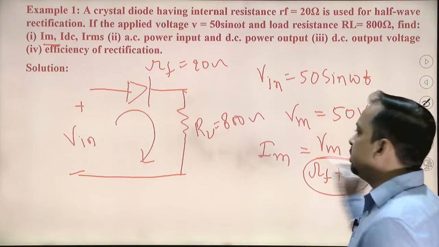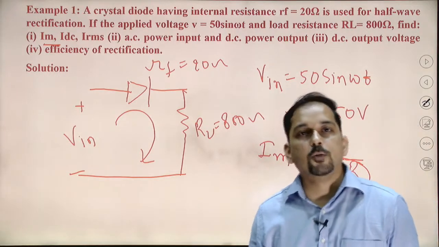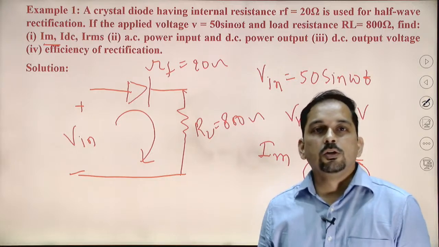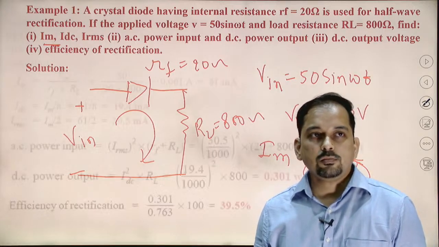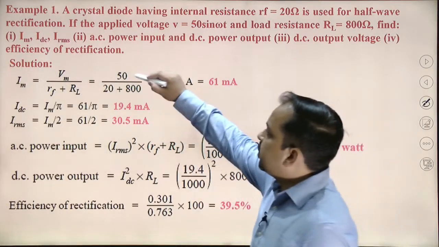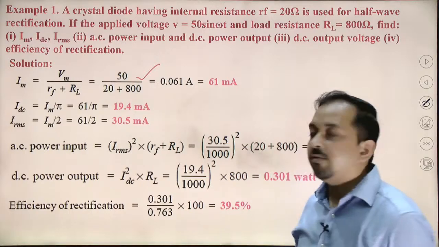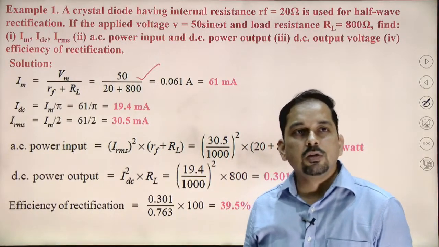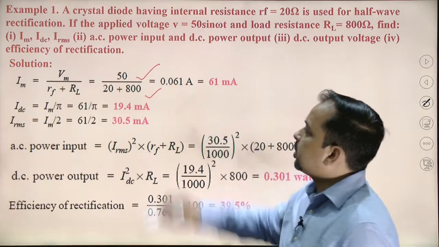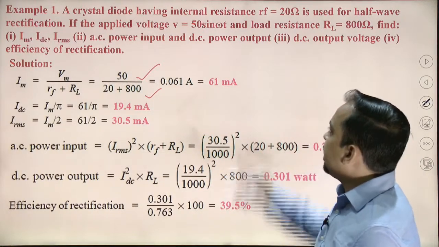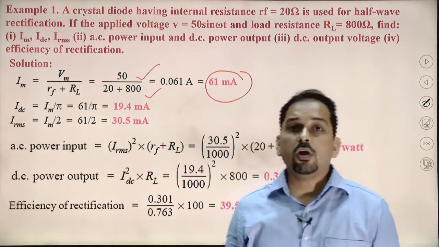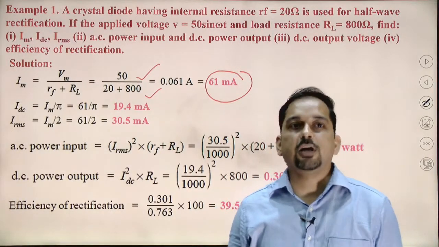We are considering both resistances, the internal resistance of the diode and the load resistance. Here we can clearly see that Vm is 50 volt, the forward resistance of the diode is quite small, 20, and the load resistance is 800. So we are getting a current of 61 milliampere. This is called the maximum or peak current.